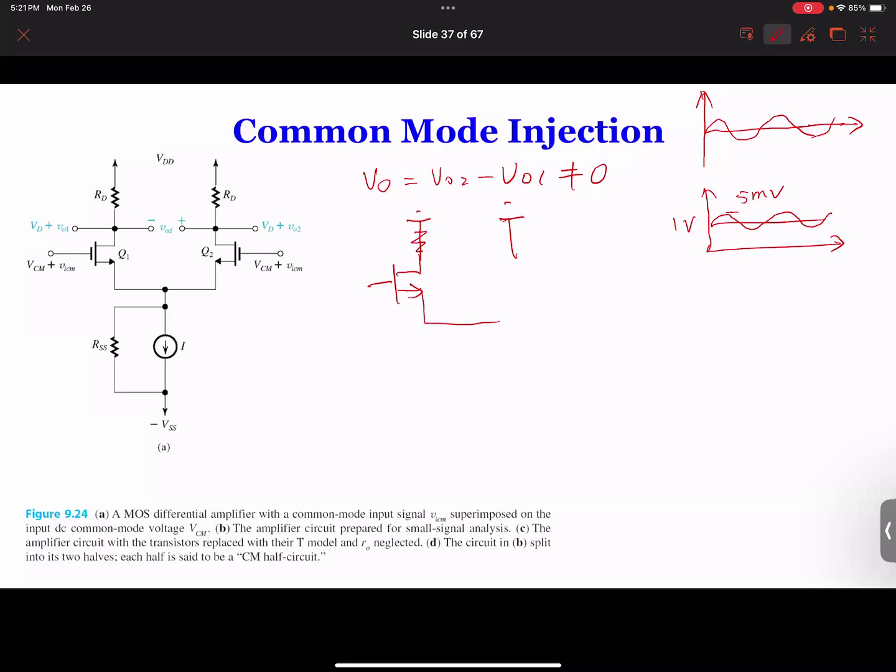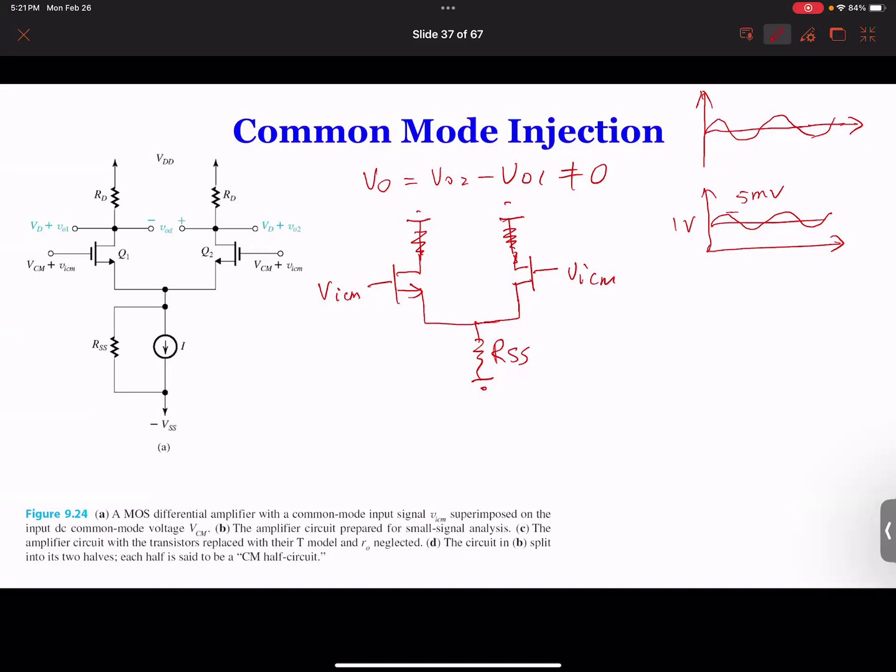Oops, I forgot the resistor here. All right. So this is the circuit that we draw for the AC.